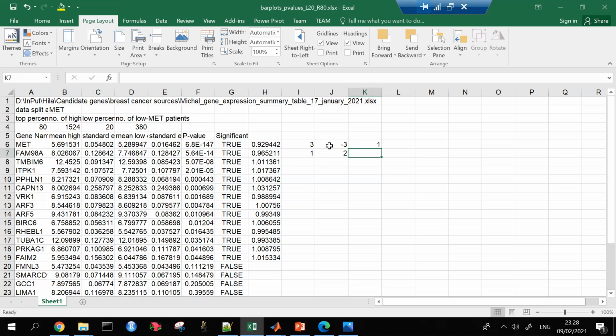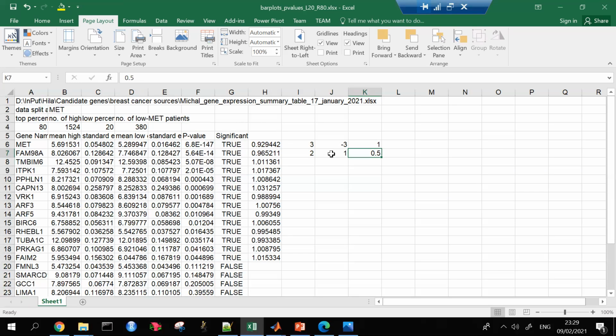It's 6. And if you have an expression of 1 in the lower group and an expression of 2 in the higher group, and you divide 1 by 2, you'll get a fold change of half, and you will think that a fold change that is significantly lower or higher than 1 is more relevant to your results.